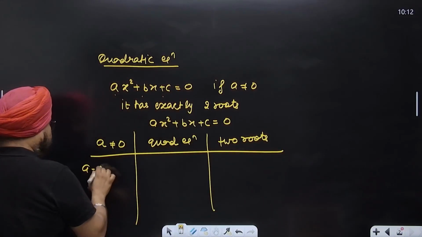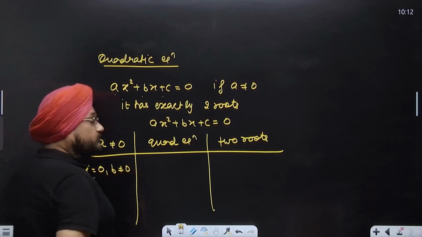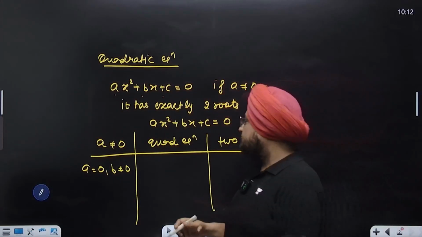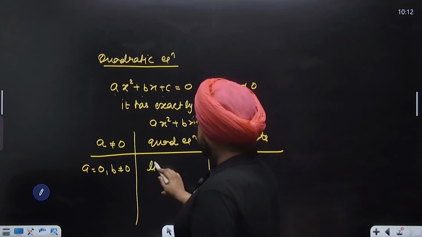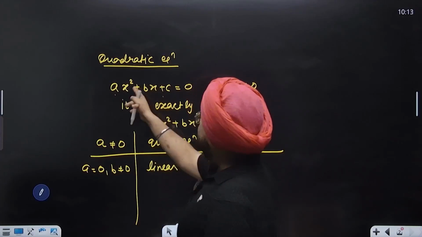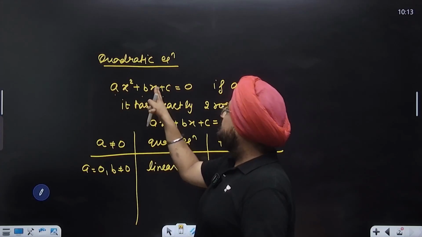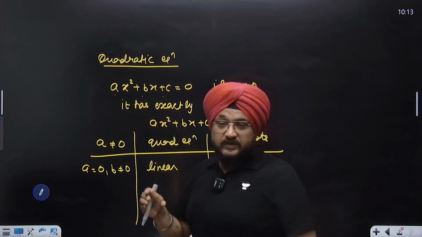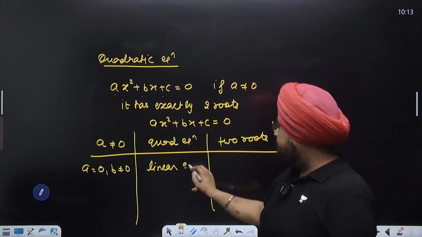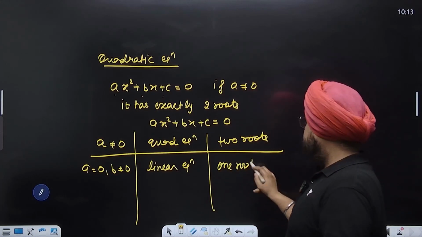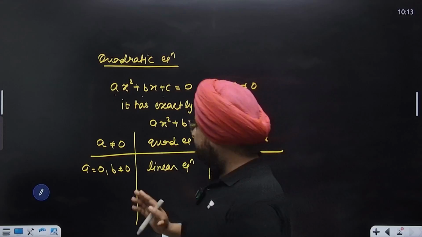If a is equal to 0 and b is non-zero, this equation becomes a linear one. As we can see, the leading coefficient is 0, and now the leading coefficient becomes the coefficient of x, which is b. So this will be a linear equation and it will have one root only.